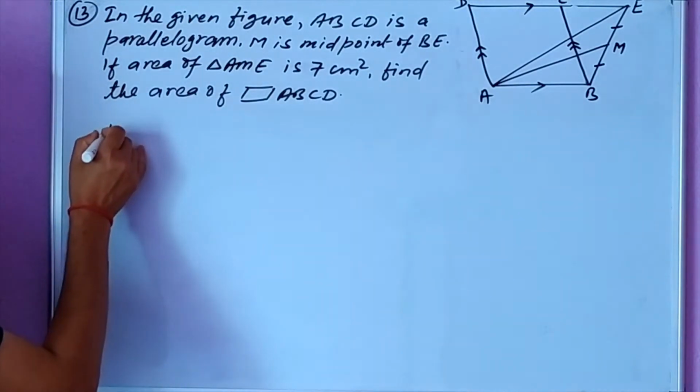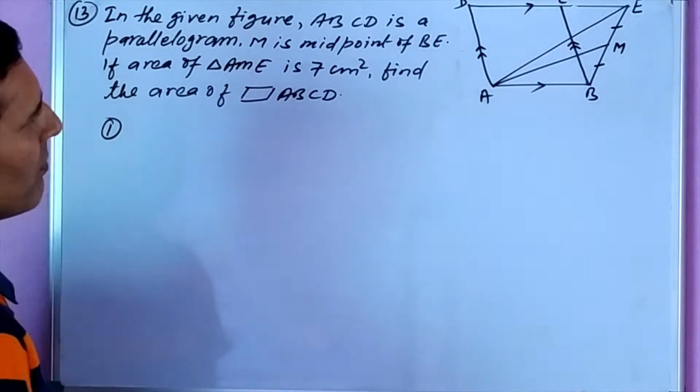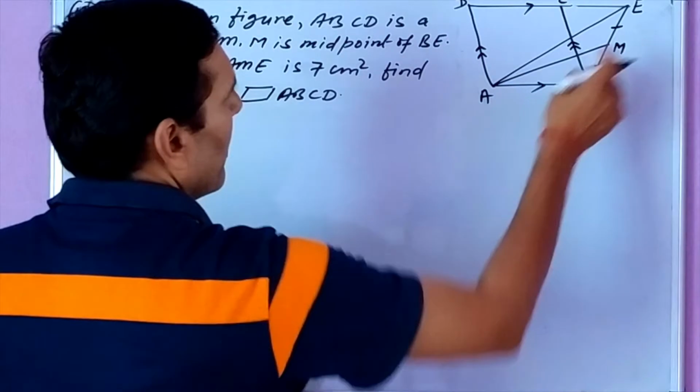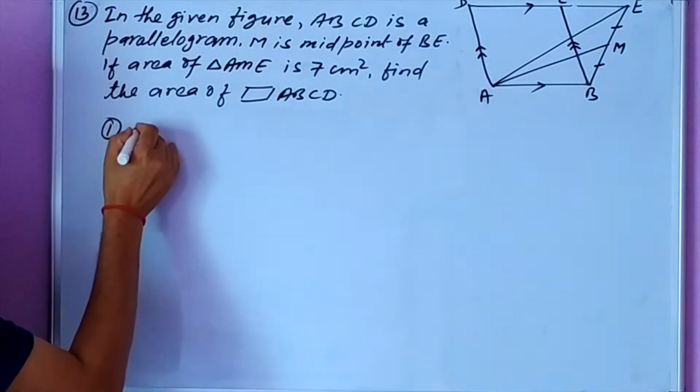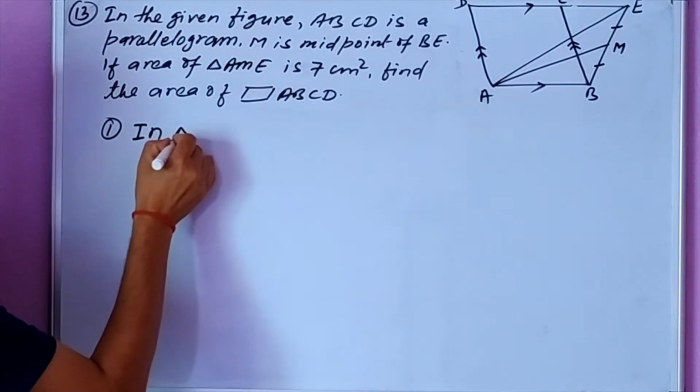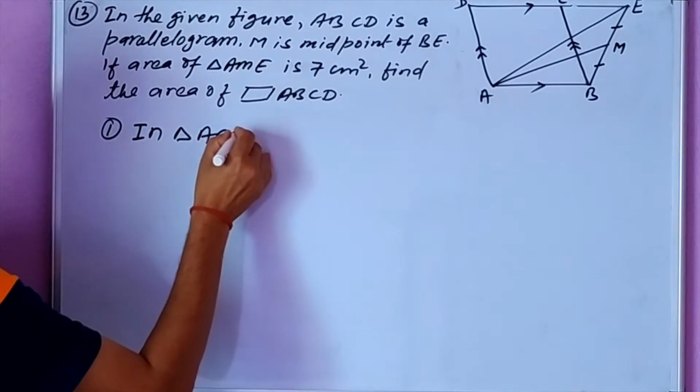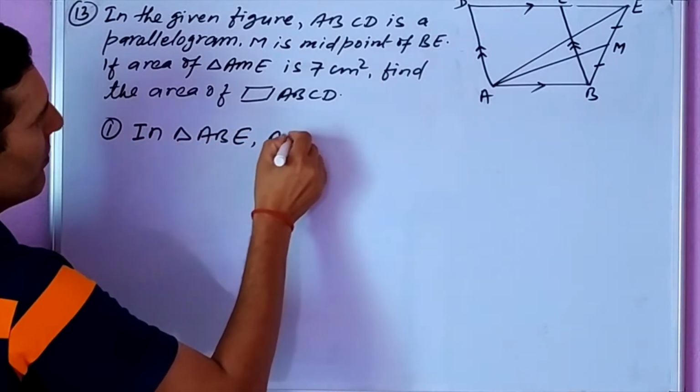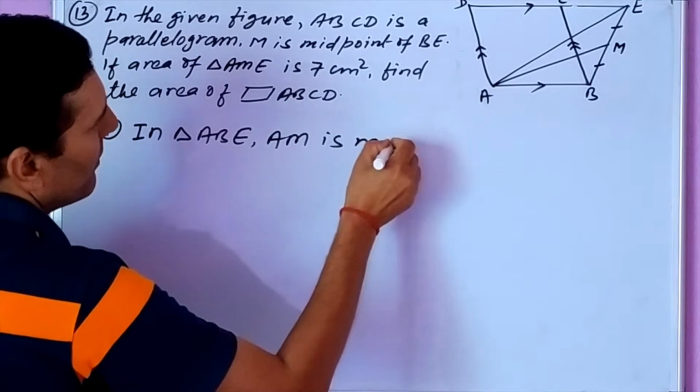So first, number 1, in triangle ABE, AM is median.